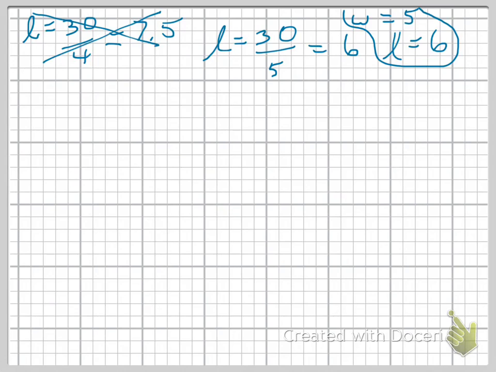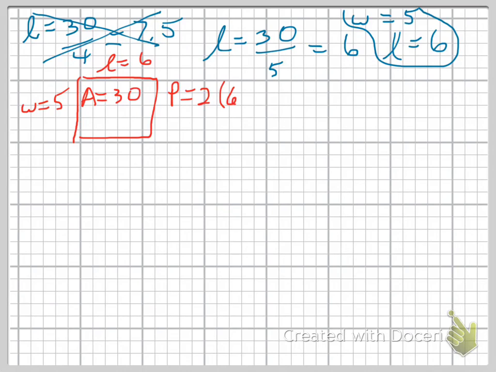So I'm going to go width of 5, that's right here, and length of 6, one more than that. So I get width is 5, length is 6, area equals 30, and then the perimeter is going to be 2 times 6 plus 2 times 5.